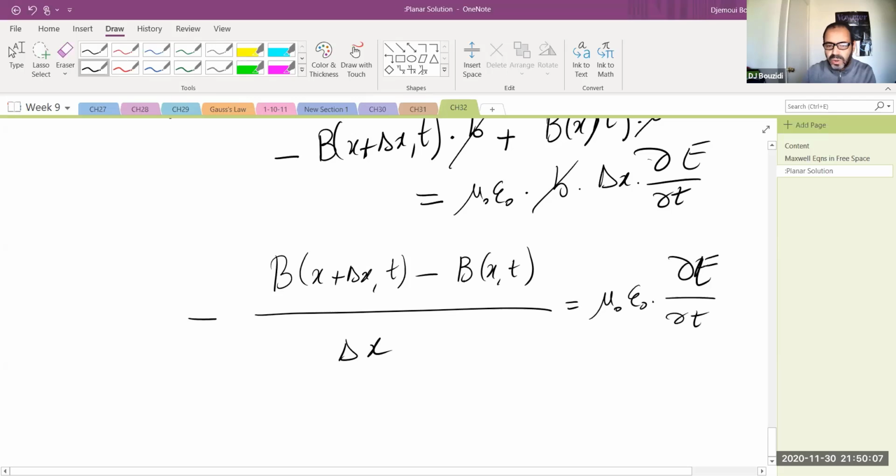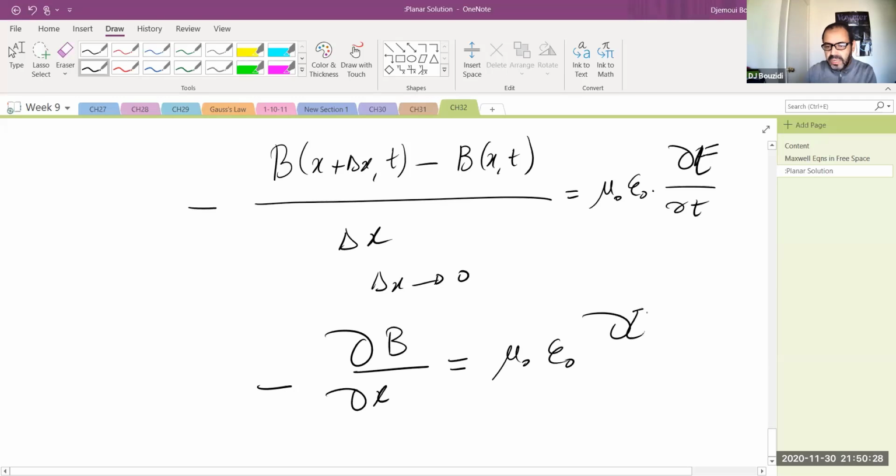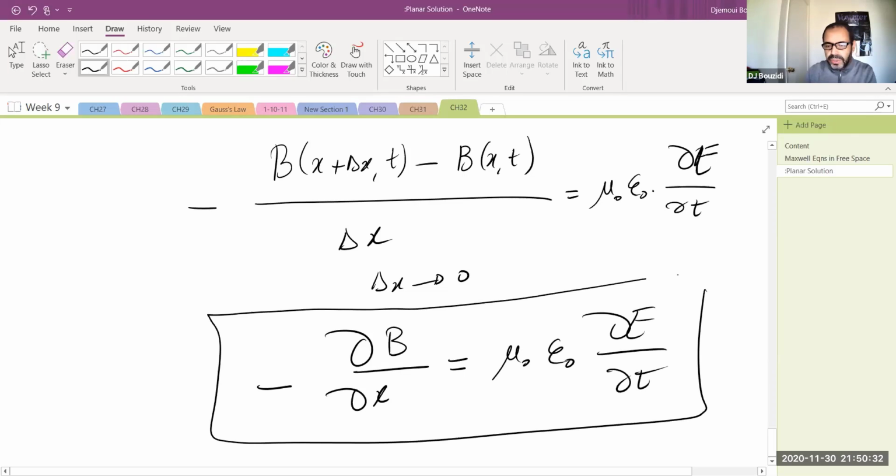There are no second derivatives whatsoever. Again, in the limit that delta x goes to 0, this whole thing is just the derivative of B with respect to x. That's the definition of the derivative. So minus dB over dx is equal to mu naught epsilon naught dE with respect to t. So this is the second equation that we ended up with.